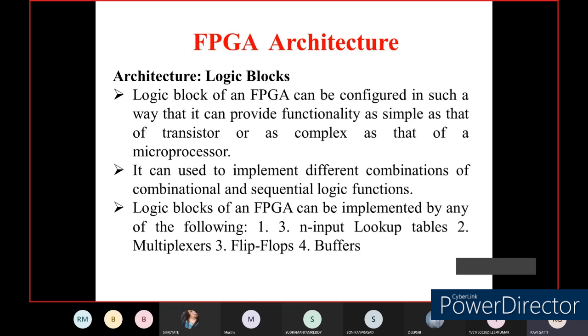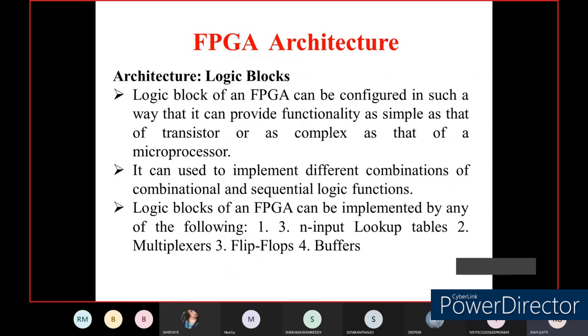These logic blocks of a field programmable gate array can be implemented in different ways. The first manner is through n-input lookup tables. We can also go for multiplexers, or for the implementation of flip-flops, or the implementation of buffers.